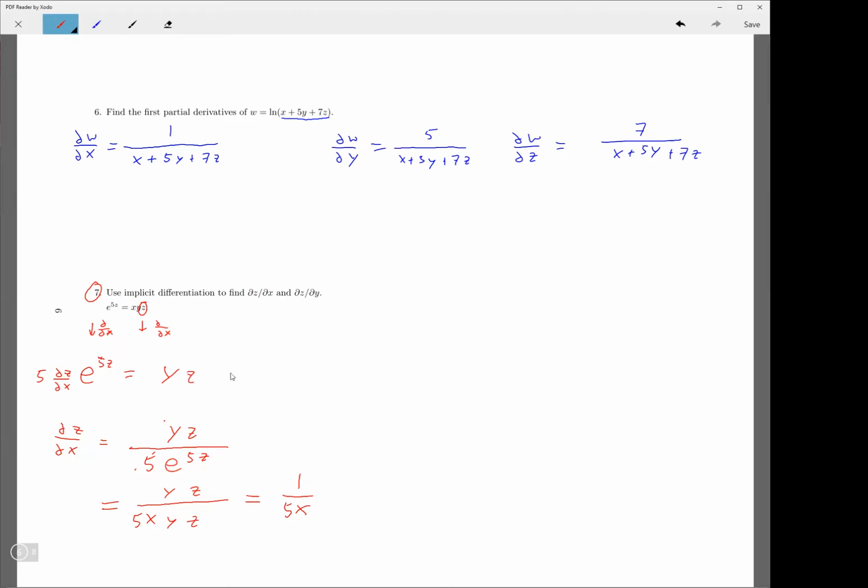Okay. So this should be plus xy partial of z with respect to x. Okay, so I can erase all this.